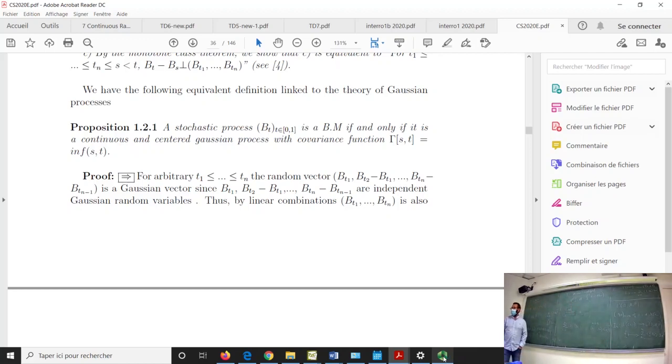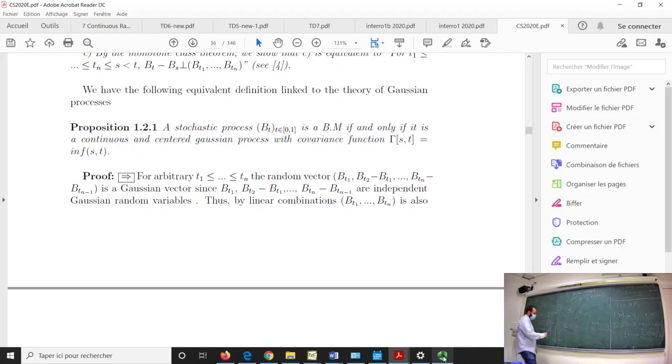My job, if I want to prove that I have a Gaussian process, that is, that any random vector that I can build from this process is a Gaussian vector, that is, any linear combination of its components is a Gaussian random variable, is to prove that I have a Gaussian random variable here.